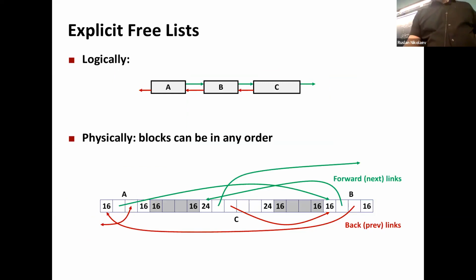Logically, it looks like this nice list A, B, and C. This is how we look at this list. But physically in the heap, it can be in any order, completely random, depending on when we allocated and freed blocks.